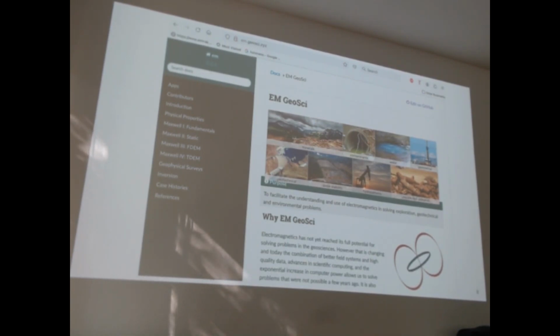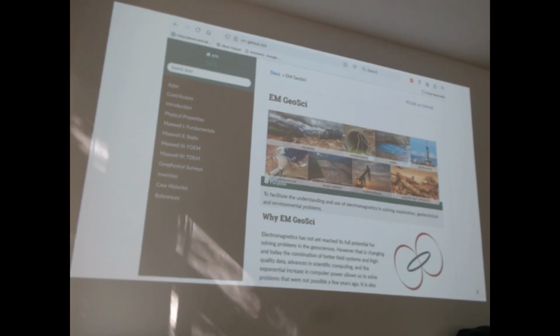This is GIF, run out of Vancouver, a group of people in Vancouver that have Doug Oldenburg's SEG short course on this website, and a whole bunch of interactive tools for doing electromagnetic modeling. It's a work in progress, but the 1D module is up and running, and we might have a chance to play with this.